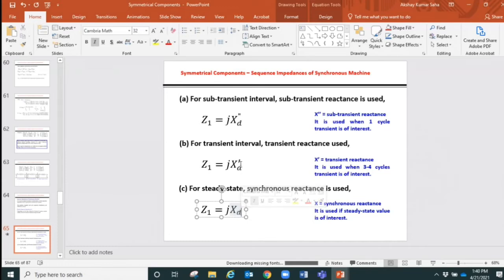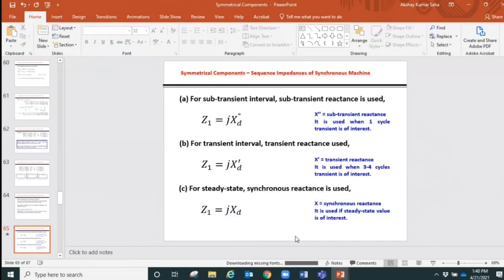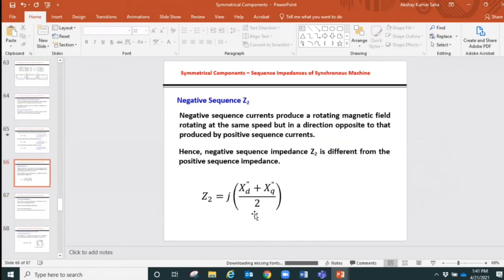But if you see one prime, that is transient, and two primes, double prime, means subtransient. So the positive sequence impedance will depend on the time duration of our interest. Are we doing a transient study, a subtransient study or a steady state study? That will come in there. But the negative sequence impedance is completely different.